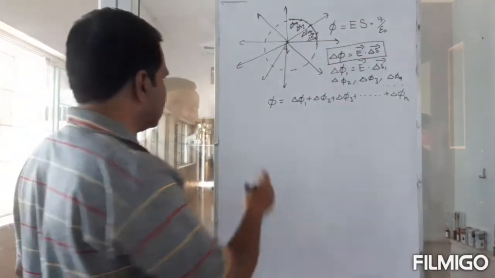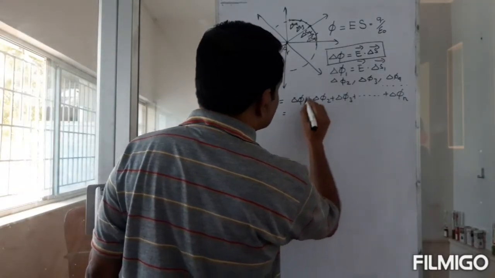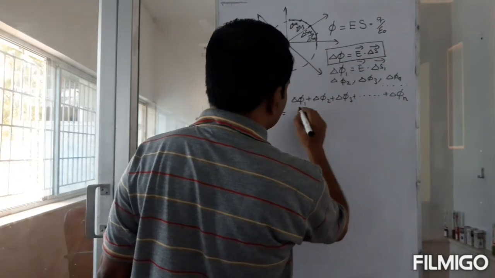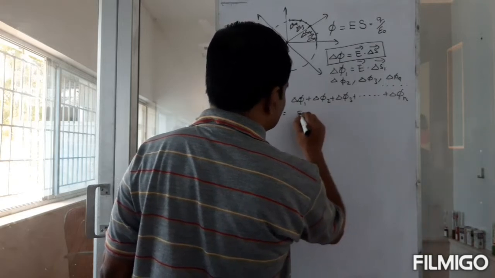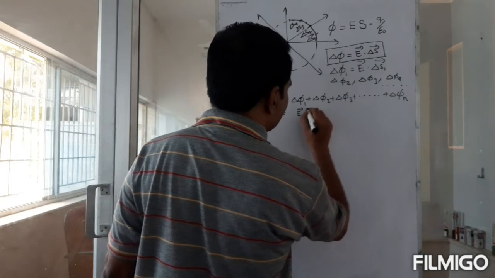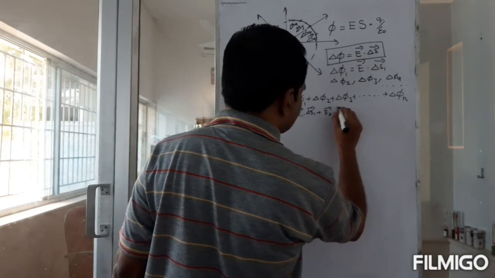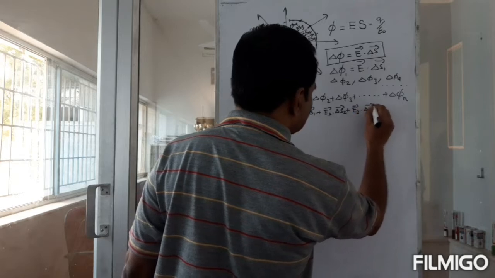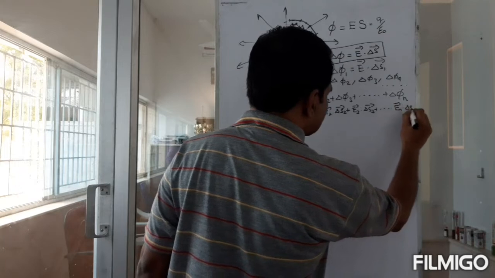Right? So that is going to give me E1 dot delta S1 plus E2 dot delta S2 plus E3 dot delta S3, all the way up to En dot delta Sn.